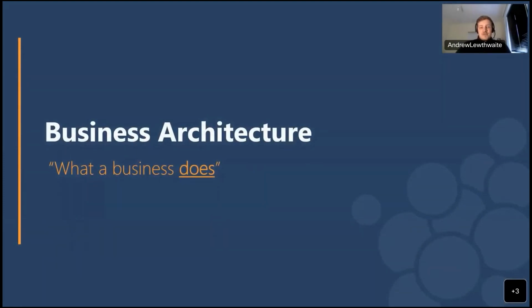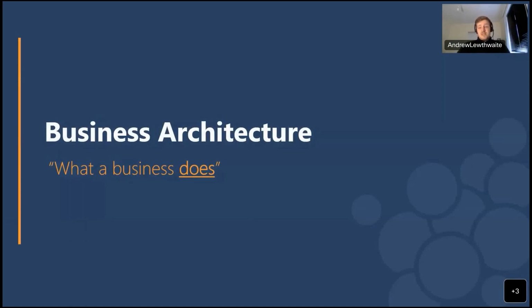A few years ago, there was a great article, I think the title was Business Architecture versus Enterprise Architecture. If I remember correctly, John Mahan offered this arguably relatively simplistic view of what business architecture and enterprise architecture actually are.